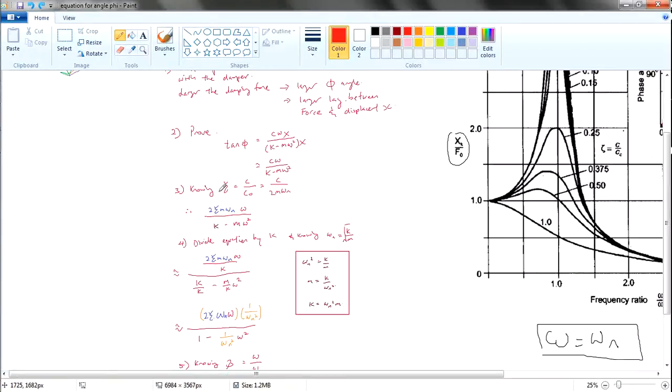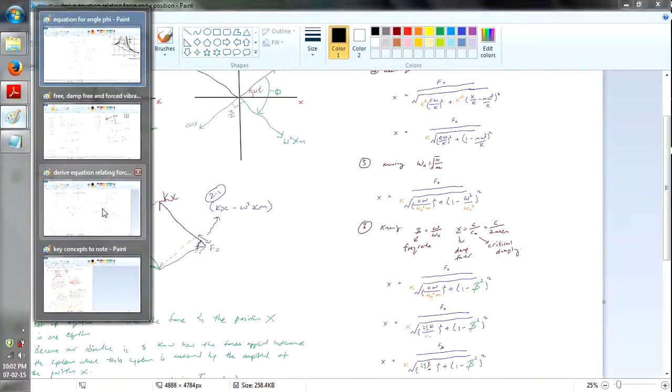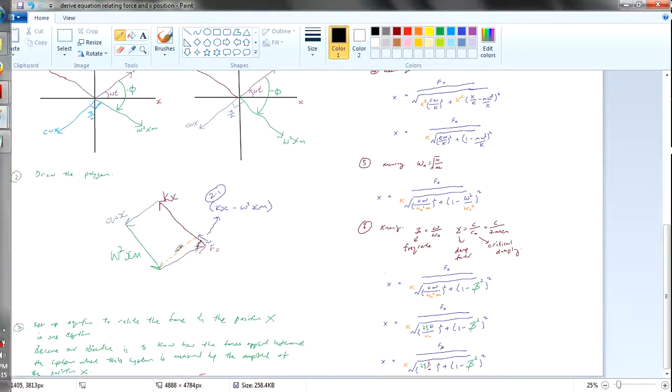When you see k, if you want to rearrange, make sure everything is divided by k. You have to really put in an effort to know how to simplify the equation, so that typically you want to simplify the equation in terms of beta, beta for the forcing function, or whatever thing that is, bracket square type of thing.